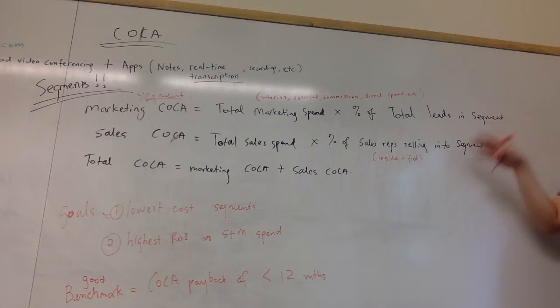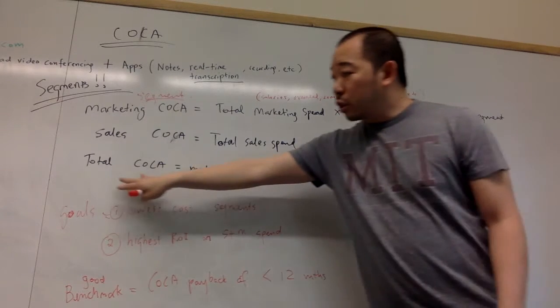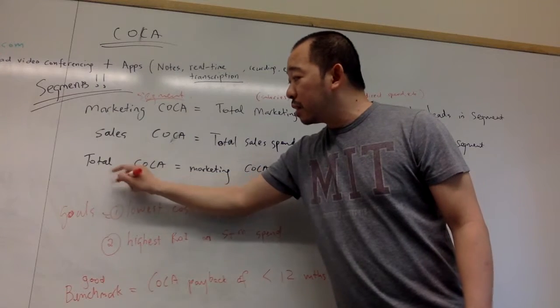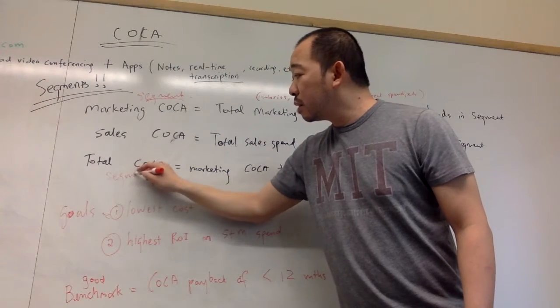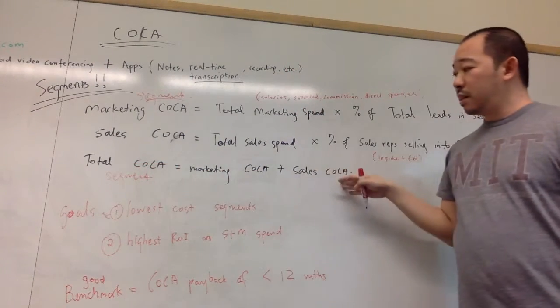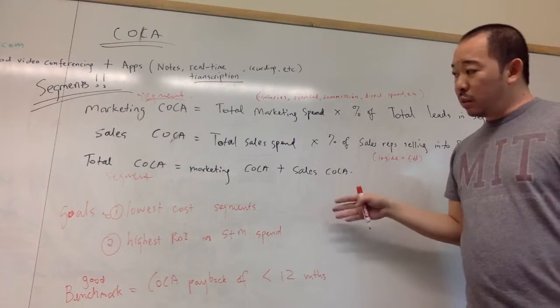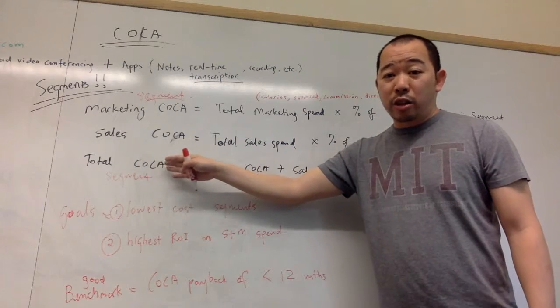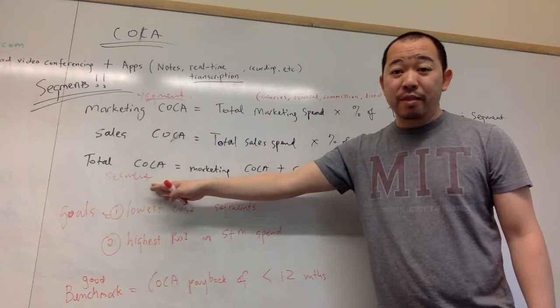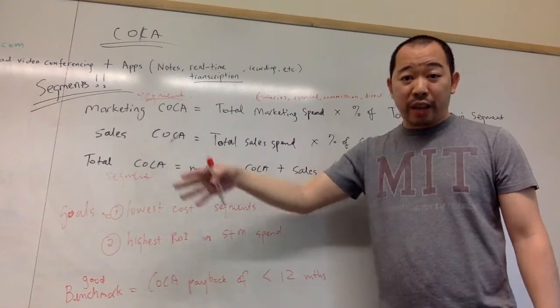Again, you want to do this for every segment, and then the total COCA for that segment is just summing up the two subcomponents, right? So then you get essentially a cost of customer acquisition for that segment, right? And then you compare it with other segments.